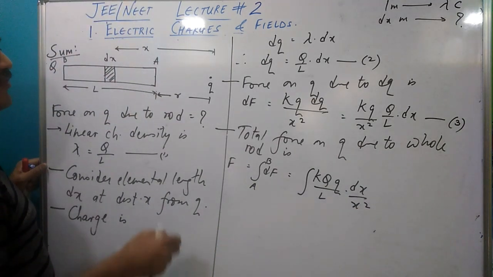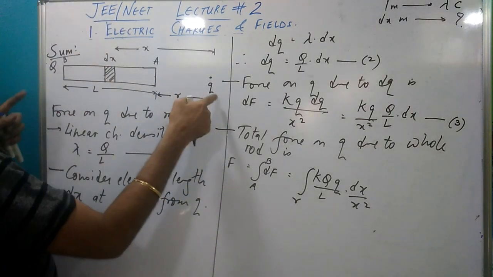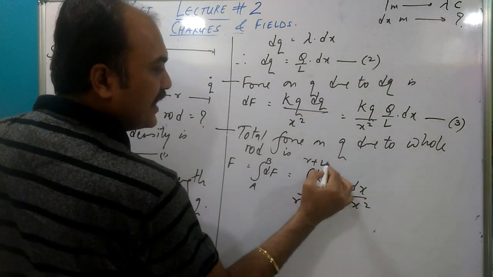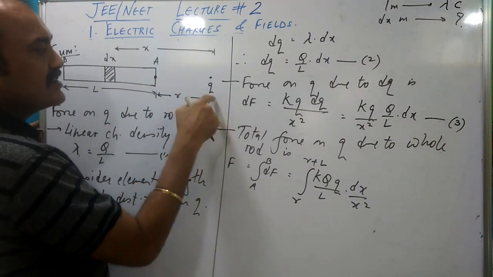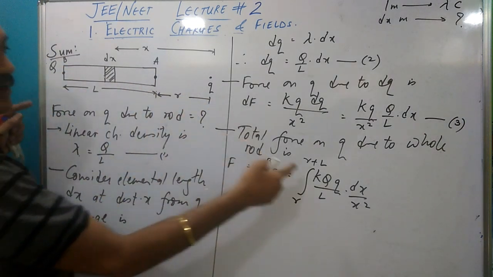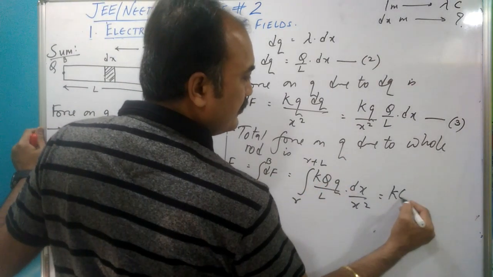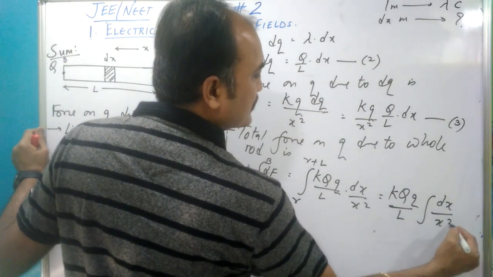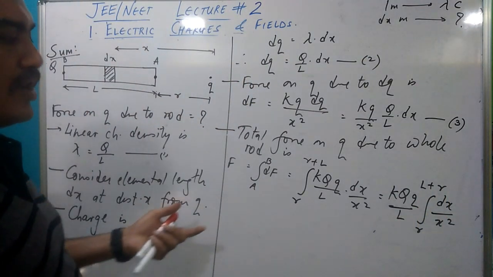Integration will be from how far is A from Q? R. And how far is B from Q? R plus L. So integration goes from R, because point A is at a distance R from Q, till point B, which is at a distance of L plus R from Q. So here kQQ by L comes out, and we are left with the integral of dx by x square from R to L plus R. I'm sure you know how to integrate.